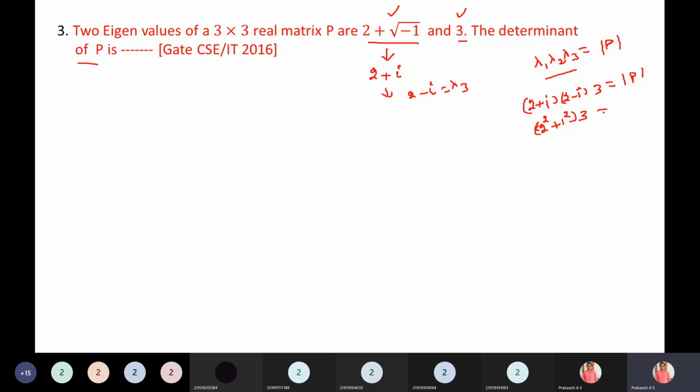Into 3, that is determinant of P. So 4 plus 1 is 5. 5 into 3 is 15. So determinant value is 15.